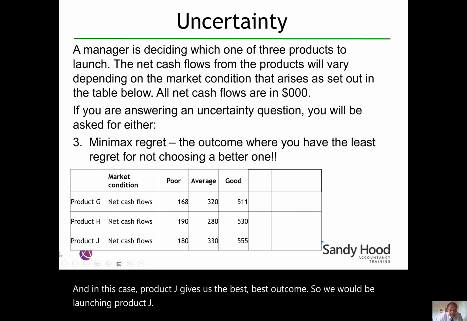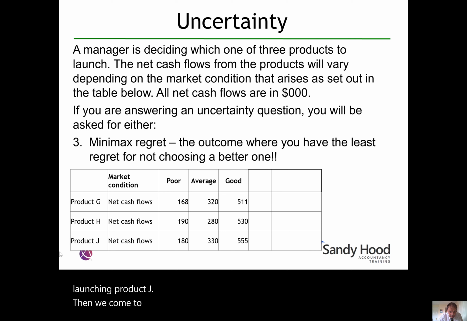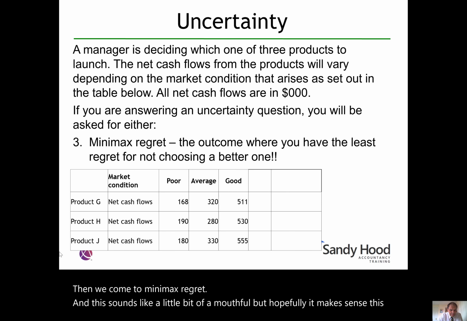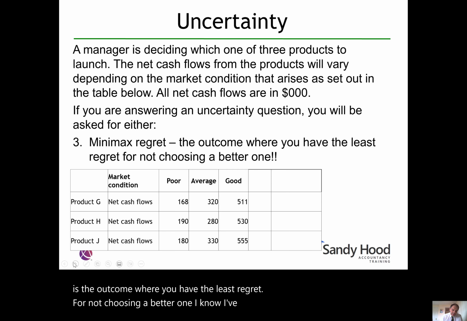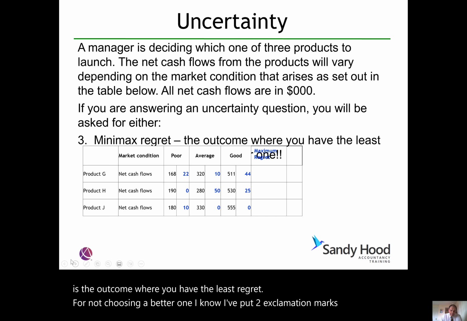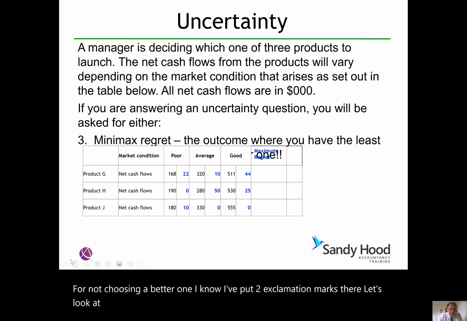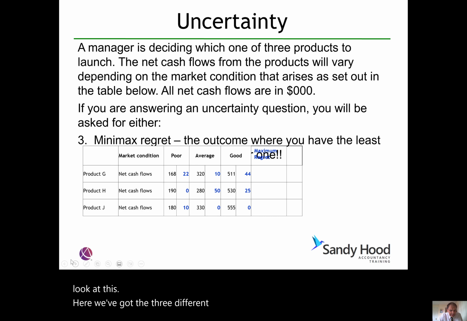Then we come to mini-max regret. And this sounds like a little bit of a mouthful, but hopefully it makes sense. This is the outcome where you have the least regret for not choosing a better one. Let's look at this. Here we've got the 3 different products, and I've added our regrets.